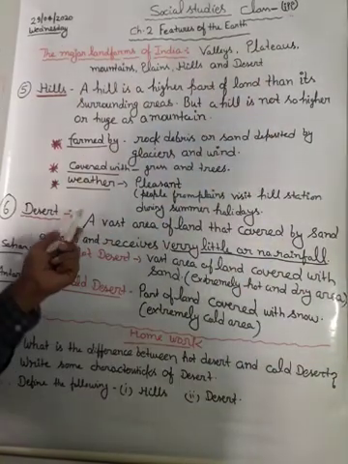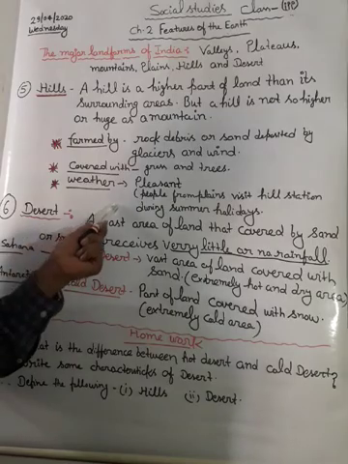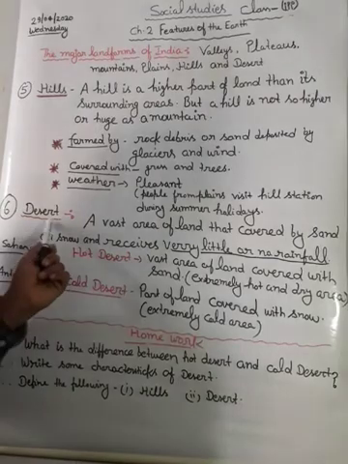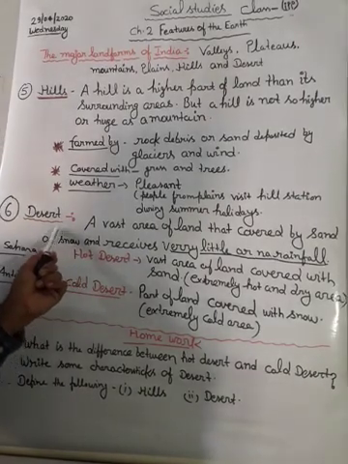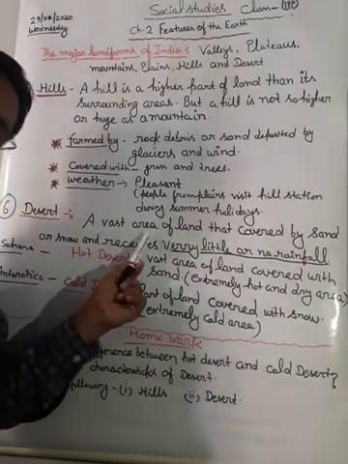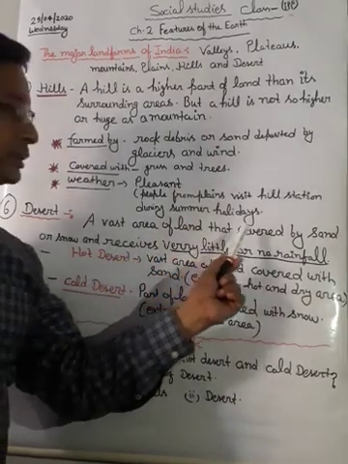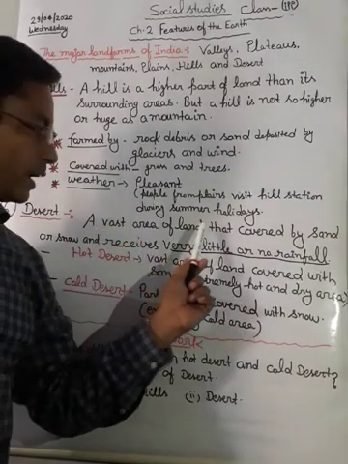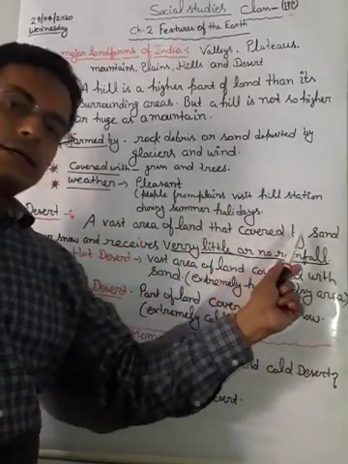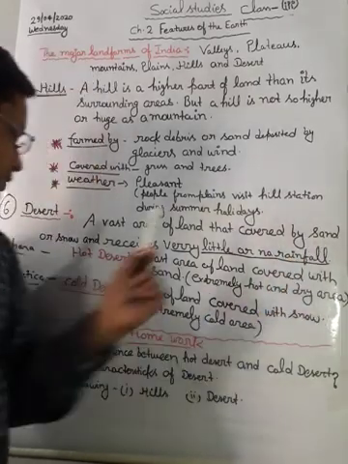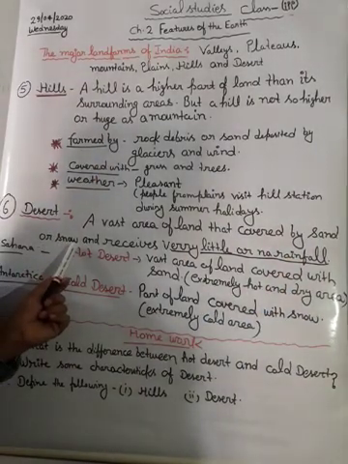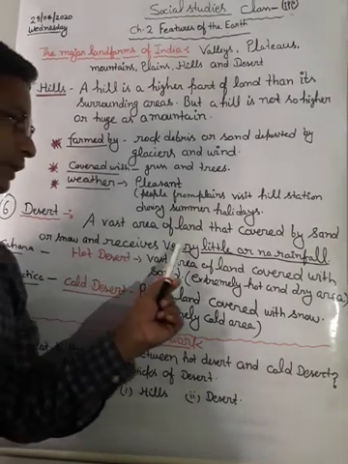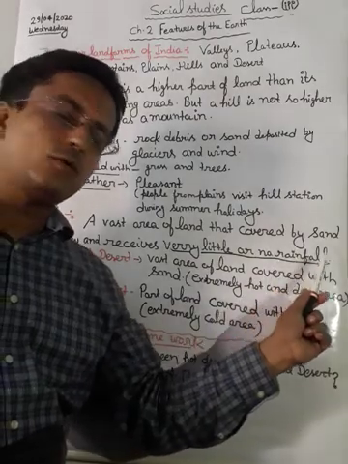So our next topic is desert. What is a desert? A vast area of land that is covered by sand or snow, and receives very little or no rainfall.